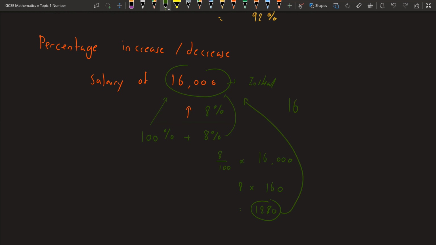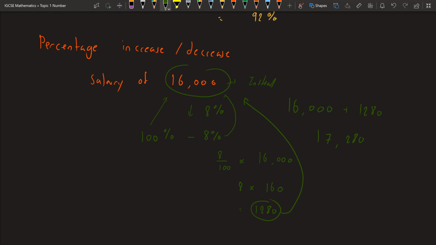So 16,000 plus that would be your new amount. That would be your new salary. There's an increase of 8%. Now, same logic could be applied with the decrease. So decrease by 8%, right? So you have to subtract it by 8%.